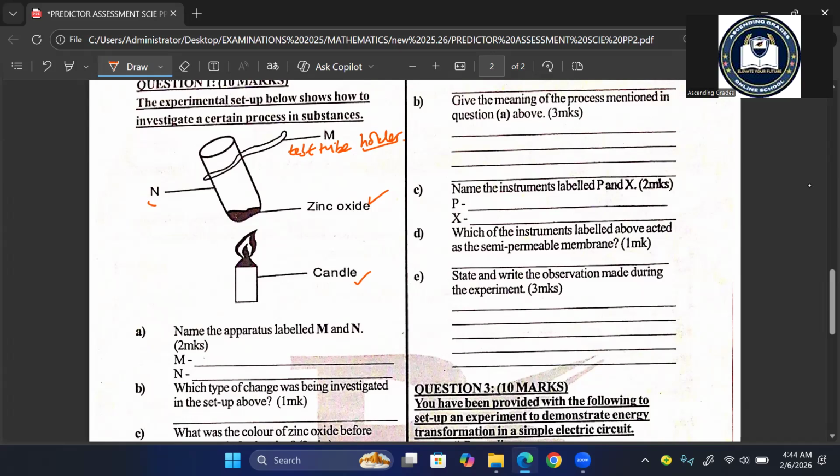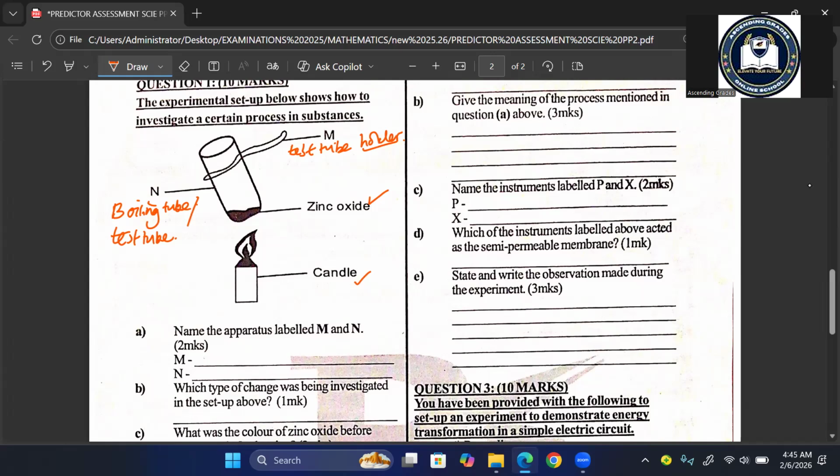Of course, you can see this one is very large, so we expect to use a boiling tube. Boiling tube or a test tube. So we can respond with the best answers for this one.